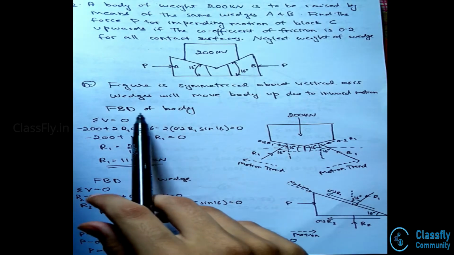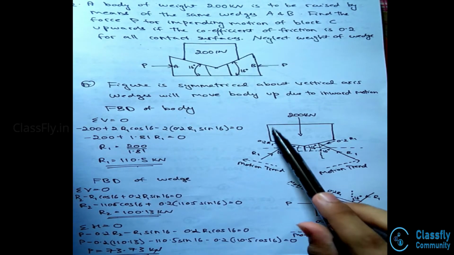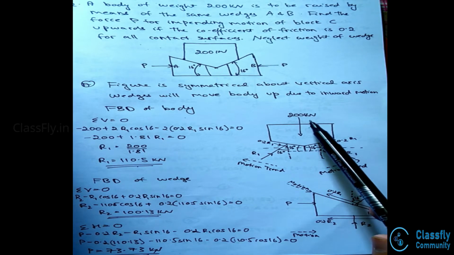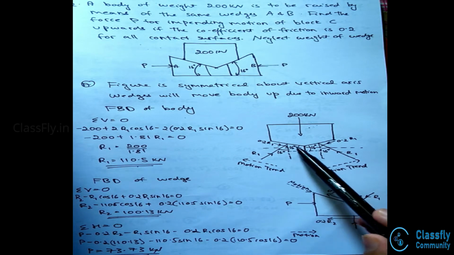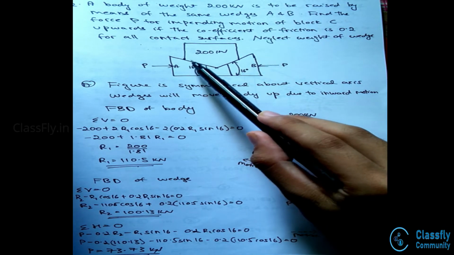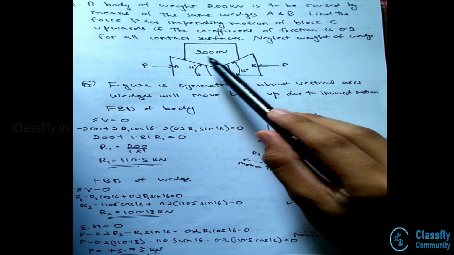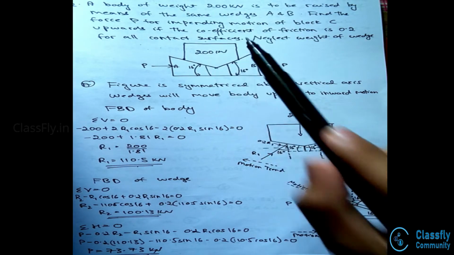Now, consider the free body diagram of the body. Here, the weight of the body, 200 kN, acts downwards, and also the reaction forces R1 and R2 act at points A and B due to the contact of the body with the two wedges.